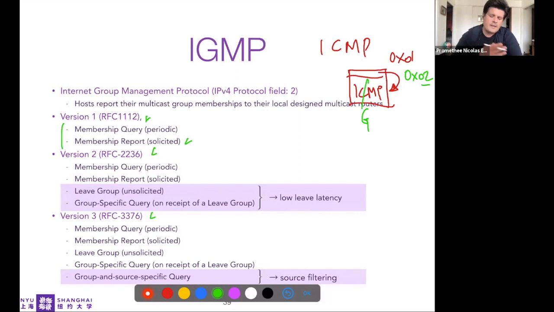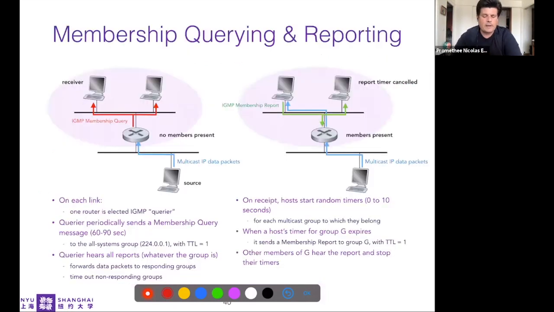Then with version 2, we added two new messages, the leave and the group-specific query. We're going to try to understand why we added those two extra messages. And in version 3, we have this one here, which is okay.